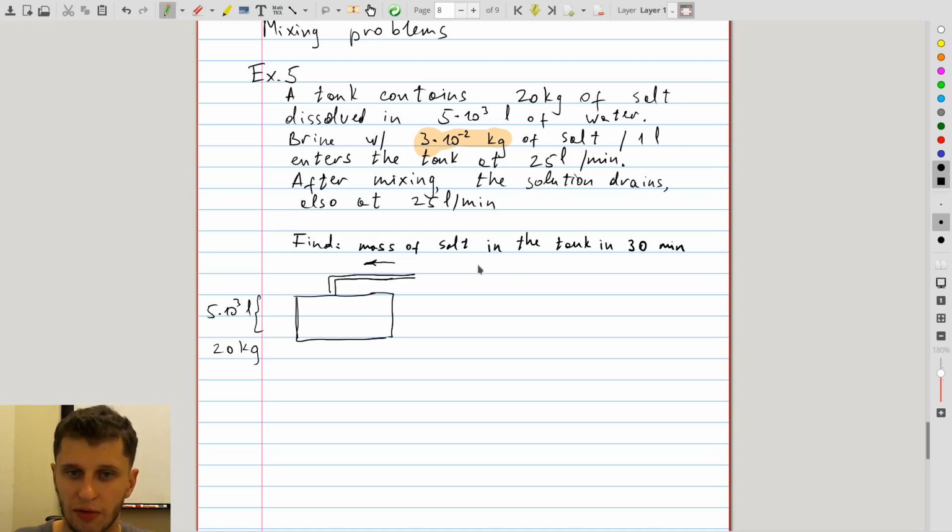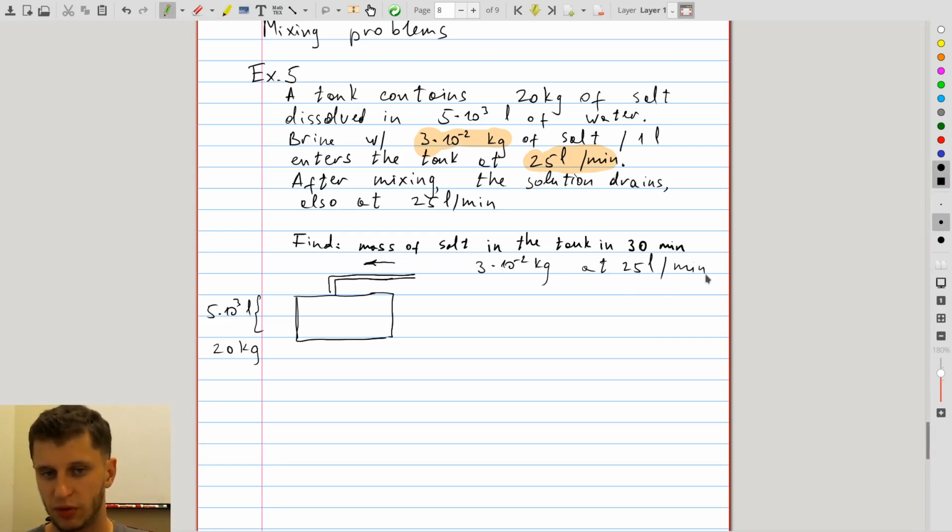And so we have 30 grams of salt per liter that flows in with the rate of 25 liters per minute. So that's the intake. Now, we have tank, we have brine flowing in, and some initial mass of salt in the tank.